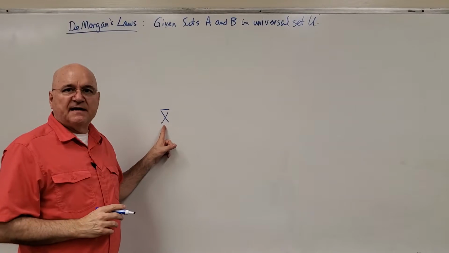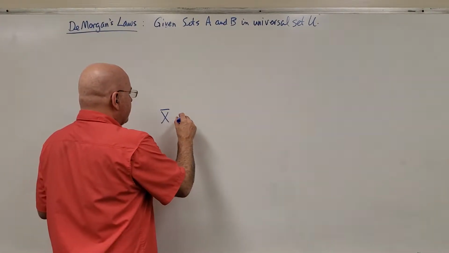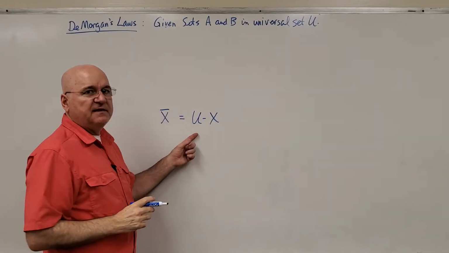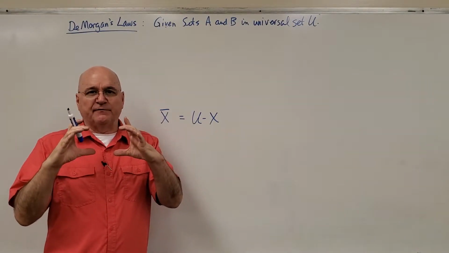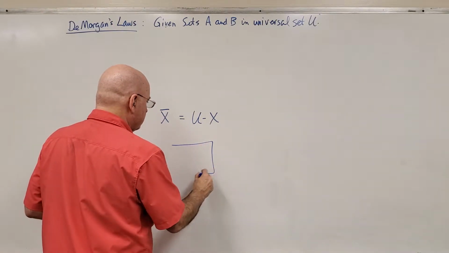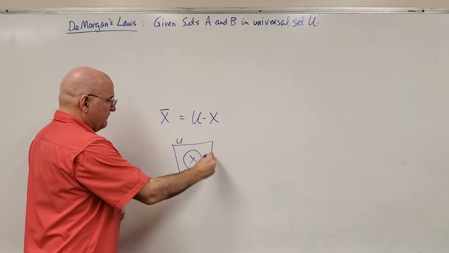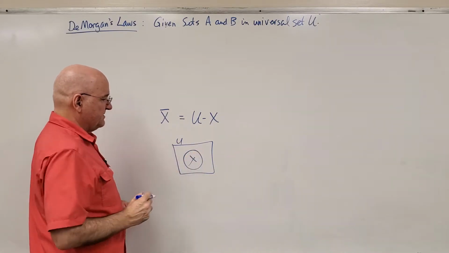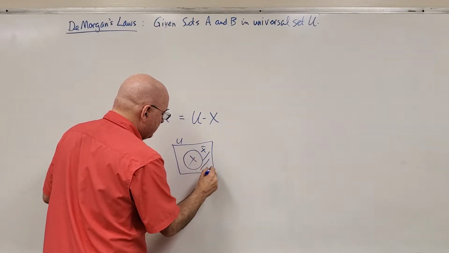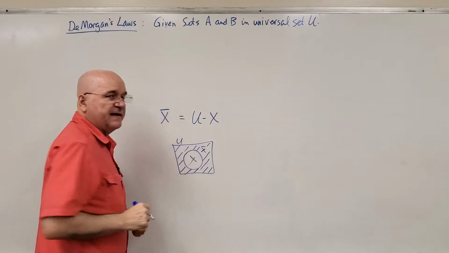The complement of a set X is everything that's not in X. If you were making a Venn diagram, it would simply be the entire rectangle, the entire universe for this problem, minus the set X. So the Venn diagram doesn't need two circles. This is the universe, that's the set X, the circle. Well, X complement is everything in the universe except for that circle.